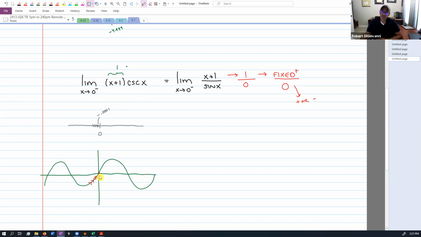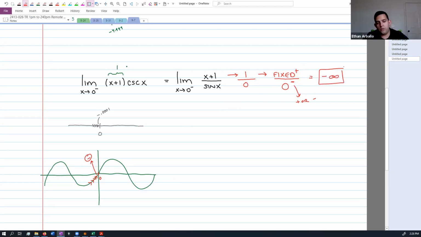I know it's headed to 0, but what about the numbers here? What are the values of the sine function here? Yeah, they're going to be very small negative numbers, because I'm coming in from the bottom of the x-axis. So these are little small negative numbers, which means I know I'm approaching 0 through negative numbers. So I have a positive divided by a negative. That should give me negative infinity.